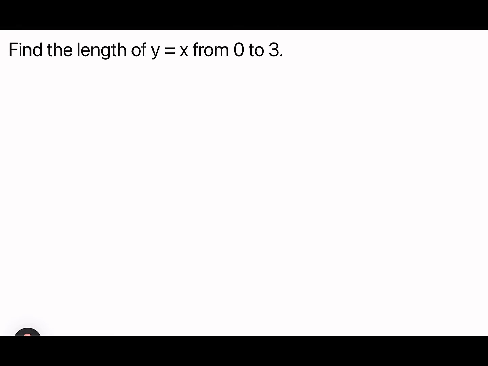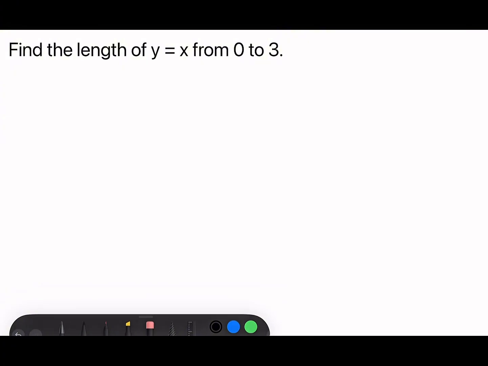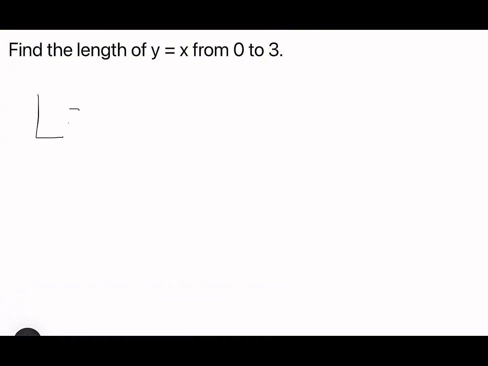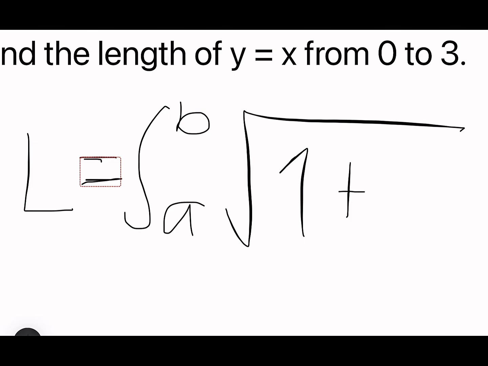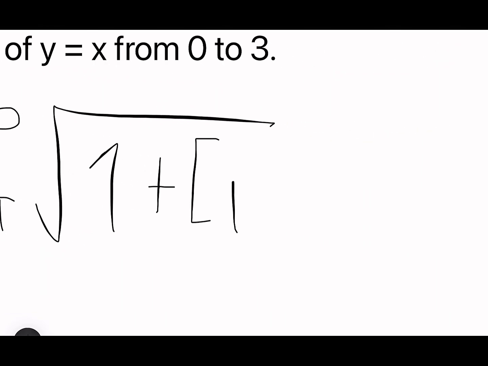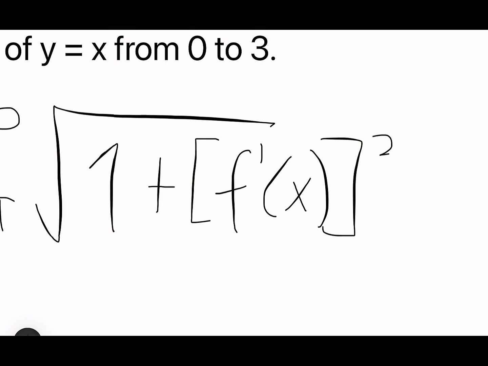First we need to write our formula. L equals the integral from a to b of the square root of 1 plus the derivative of f of x squared dx.